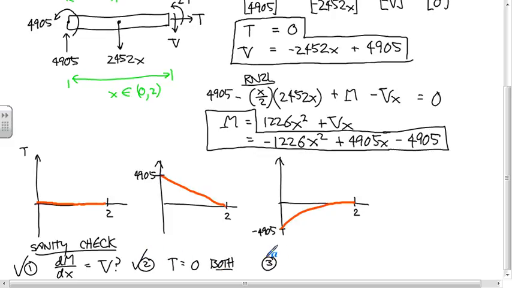What about vertical point forces at the endpoints? We have one on the left, but not on the right. So we expect the shear force to be 0 on the right. Yeah, it would be if you knew the constant of integration, but there's no way to do that without going through these steps.